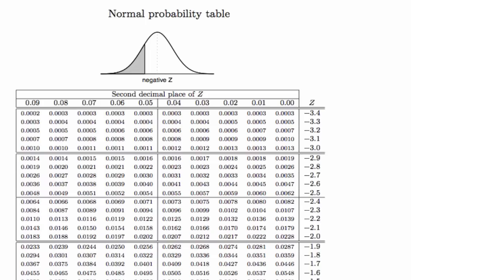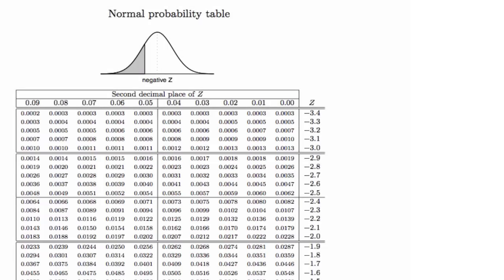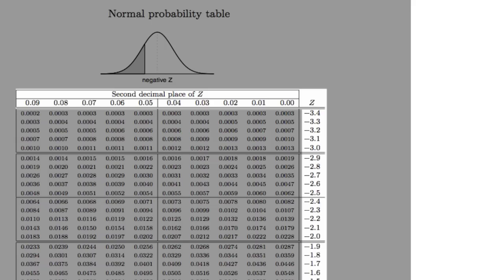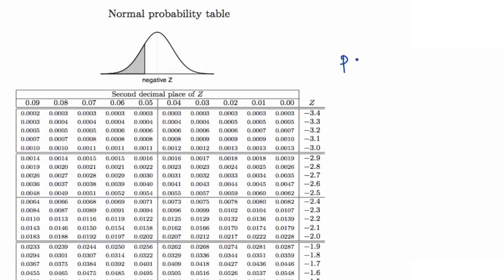The table has probabilities in the middle part of the table, and the corresponding values of z are in the column and row headings. As an example, suppose we want the probability that z is less than negative 1.82.